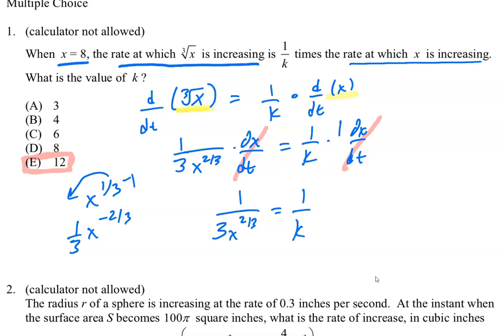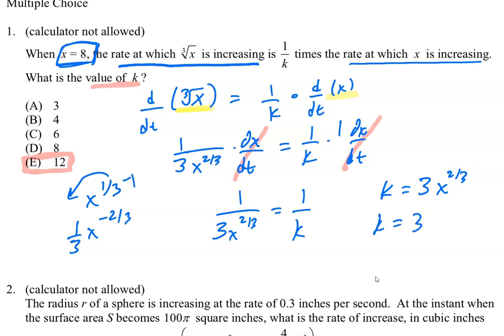Now, what am I trying to find? So cross multiply? Yeah, for sure, we could cross multiply. So k equals 3x to the 2/3. We could do that. And then how am I going to solve for k? It told me something else in the problem. Woo! So that's not too bad.